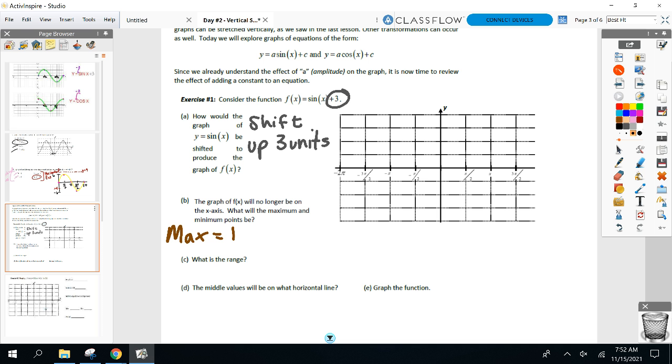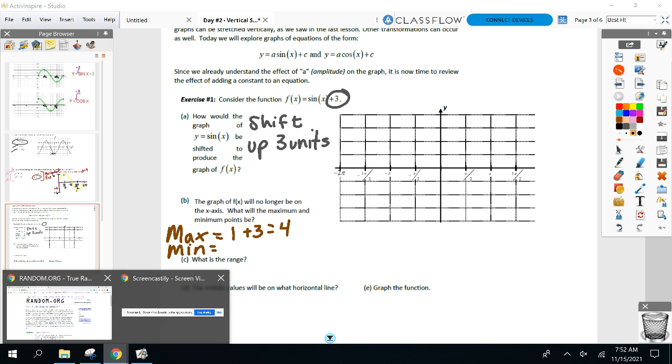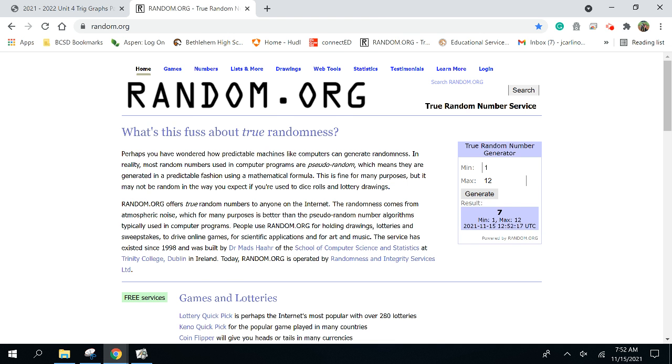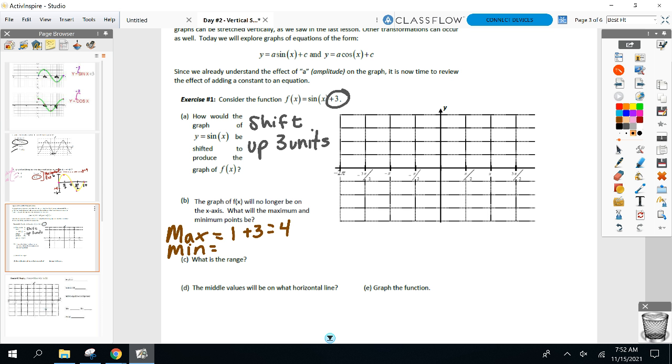It's getting shifted up 3, so what's my new max? There you go, guys. Now it's not 1, it's 4. And minimum, what was my old minimum before I did any shifting? Negative 1. But now that point also went up how many units? 3. So my new min is 2.